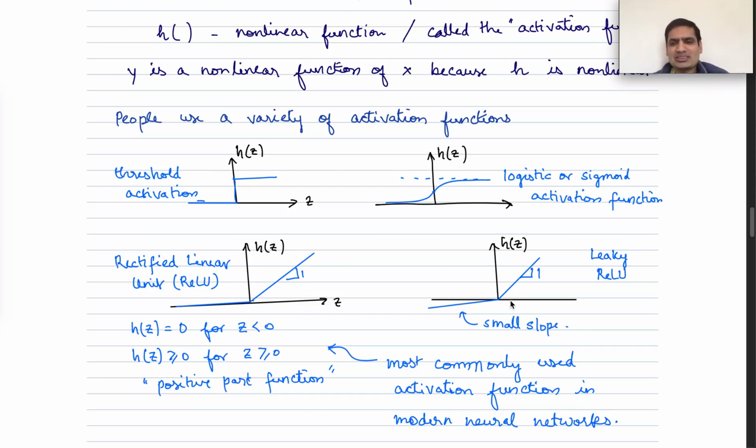People also use something called a leaky ReLU. This is contracted to this word ReLU, ReLU activation functions. This one essentially has h of z equals z when z is greater than 0, and h of z equals epsilon times z, where epsilon is a small number, a small slope, for z less than 0.